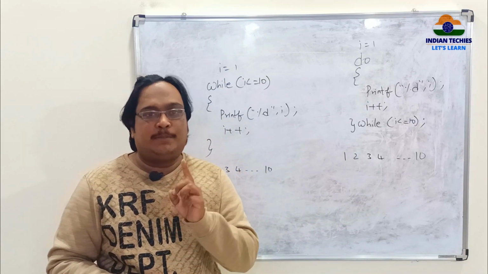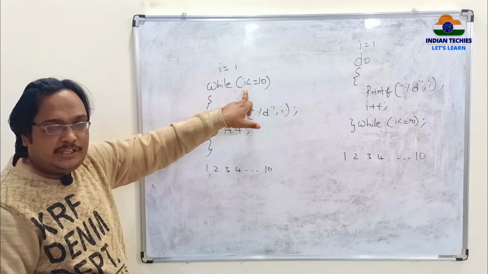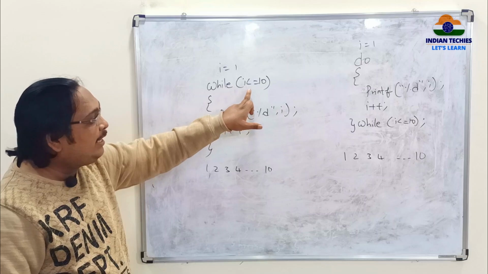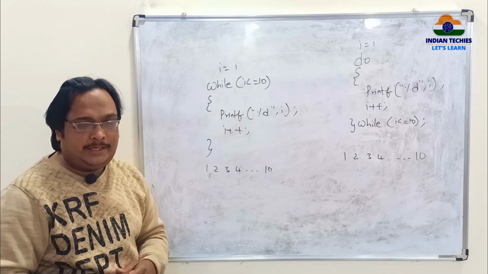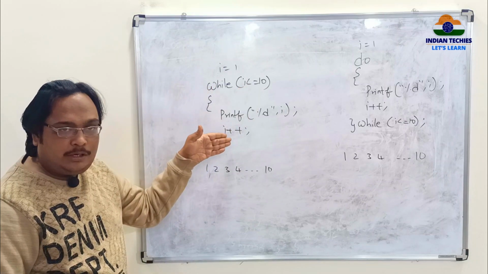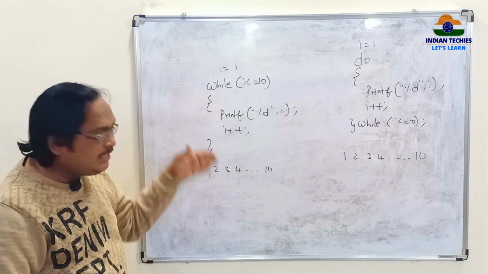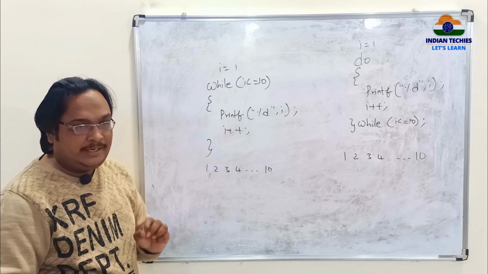Next, difference number 2. Suppose the condition that you have written in while is false for the first time only. Will you enter the while block? No. The block is never executed if the condition is false for the first time in while.